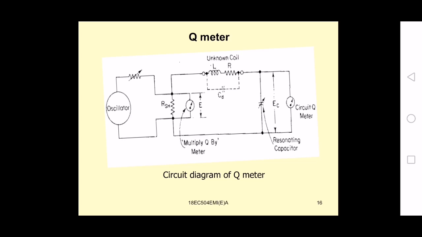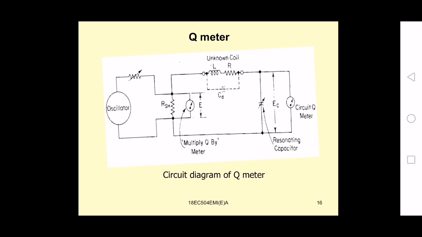For the measurement, the unknown coil is connected to the test terminals, suppose A and B. Then this circuit will be tuned to resonance, either by varying the oscillator frequency or by varying the resonating capacitor C.